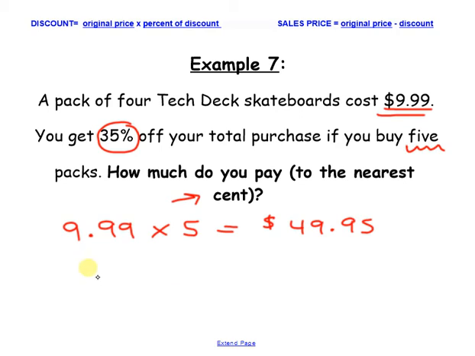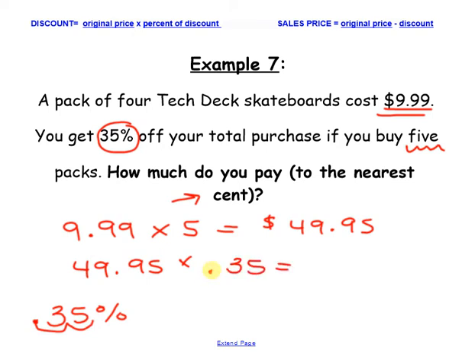Now let's go ahead and calculate our discount. So we have $49.95 times what's our discount? Well, it's 35%. You know we need to move that decimal back 2 spots. So times 0.35. Go ahead and calculate that.